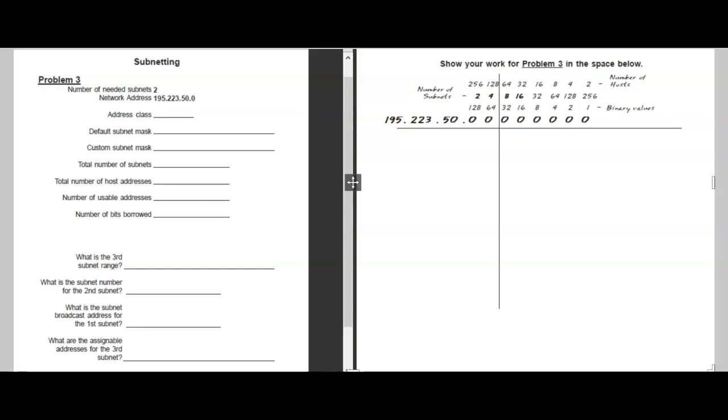What I want you to pay attention to is when you look over here in this workspace on the problem, they drew the line between the 4 and the 8, but it said we needed 2 subnets. So I thought that meant I should draw my line for that here.